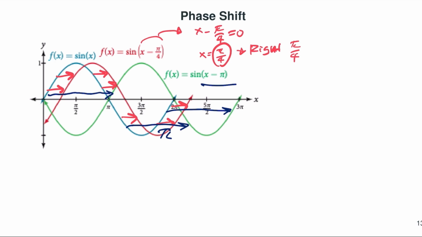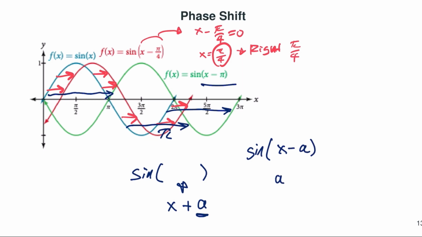So when we deal with the phase shift, same for the cosine, we have x plus some number. And that number can be negative, that number can be positive. So if I have sine of x minus a, then a is the phase shift.